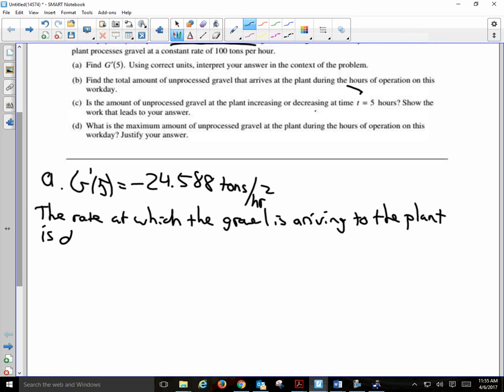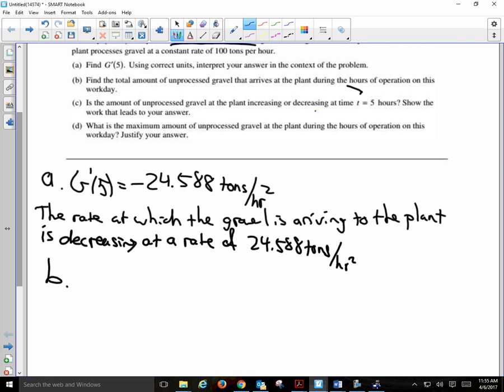Is decreasing at a rate of 24.588 tons per hour squared. How's that?